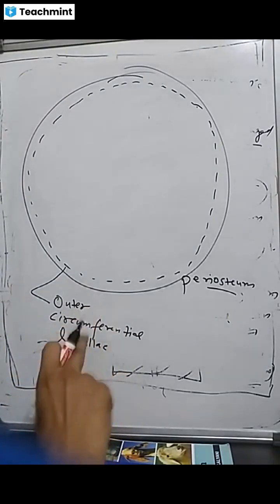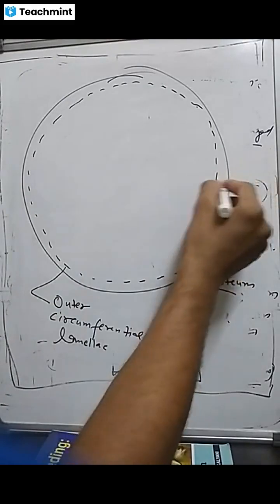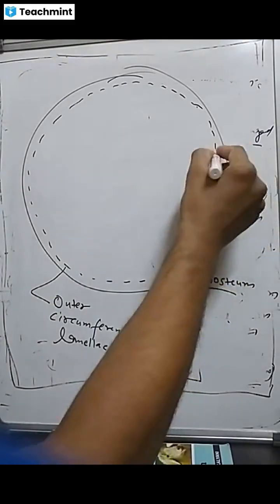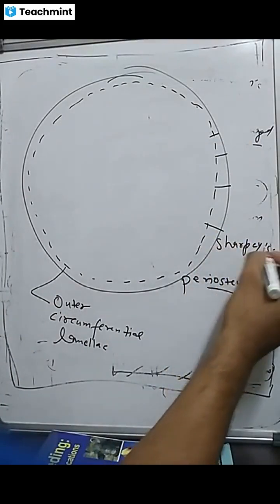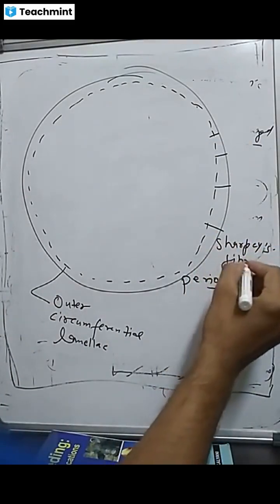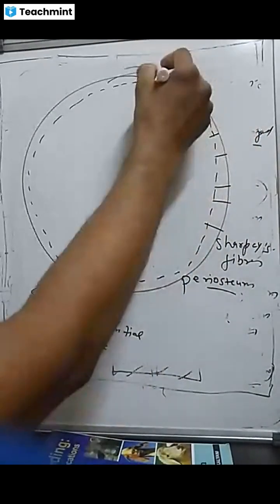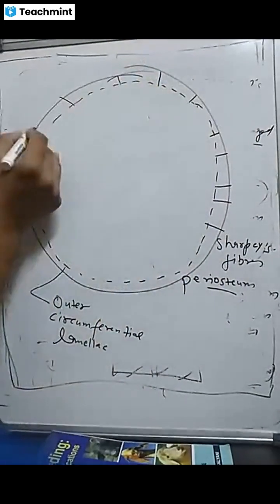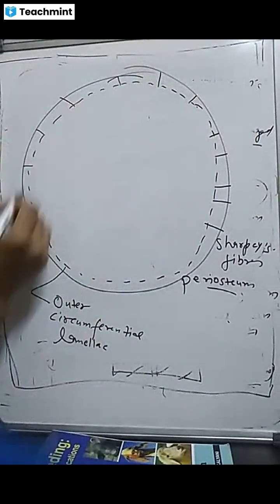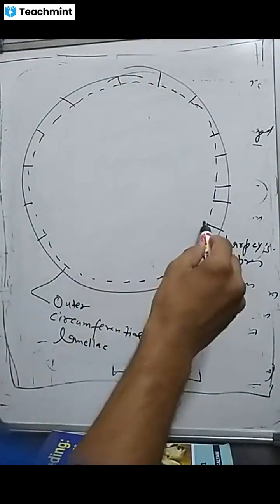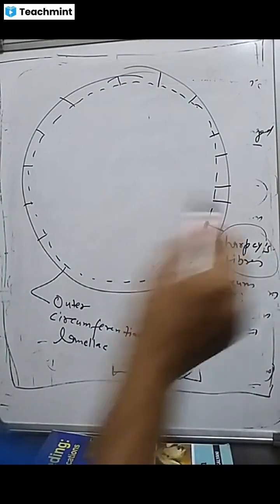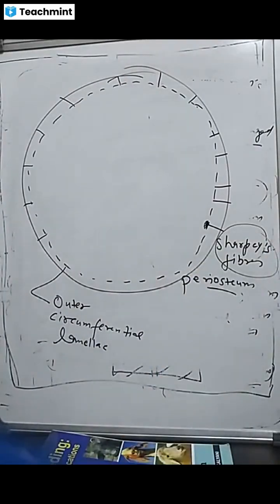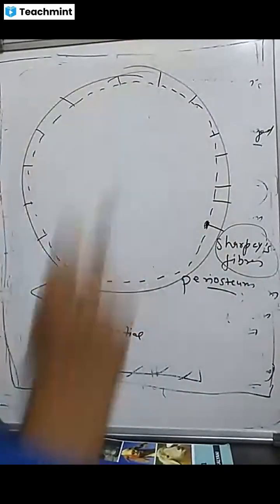The good thing about these lamellae is this periosteum, which fibers? Sharpey's fibers. They anchor this periosteum to the circumferential lamellae. This is the point up to where you can find Sharpey's fibers. So this is the outer circumferential lamella.